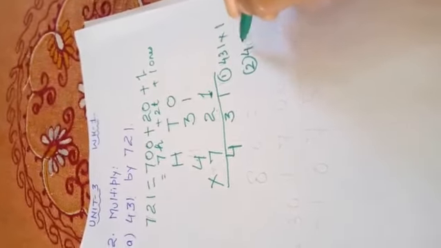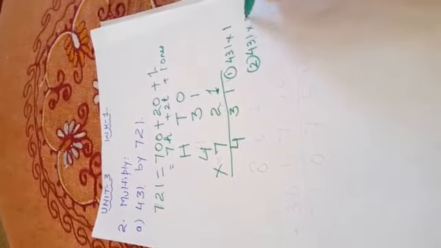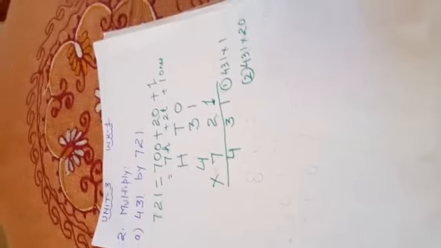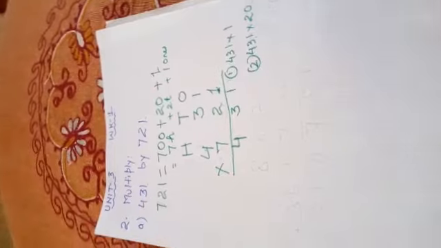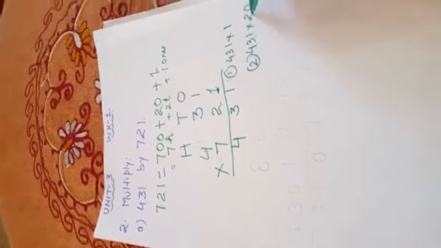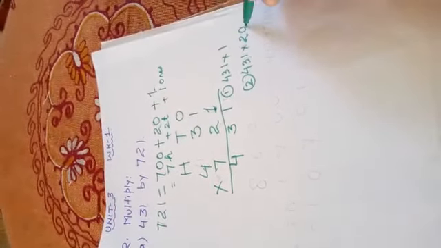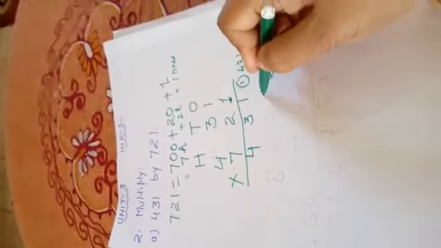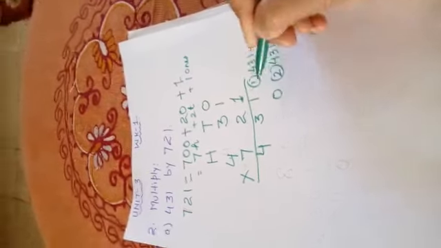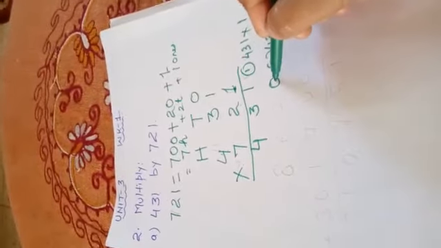So here 431 will be multiplied by 20, 2 tens. 2 has a single 0 to its right side, similarly in the product we write the 0 to the right side of the product.